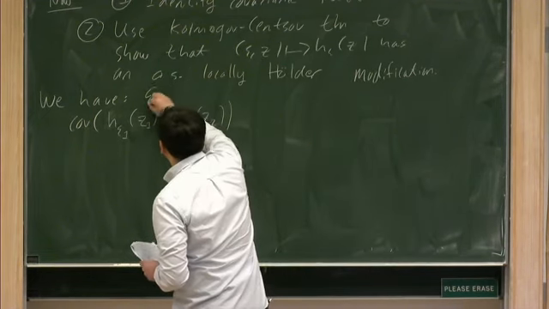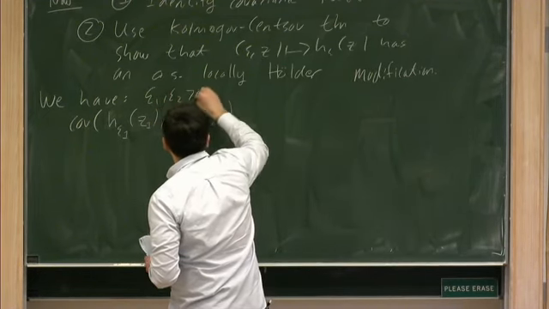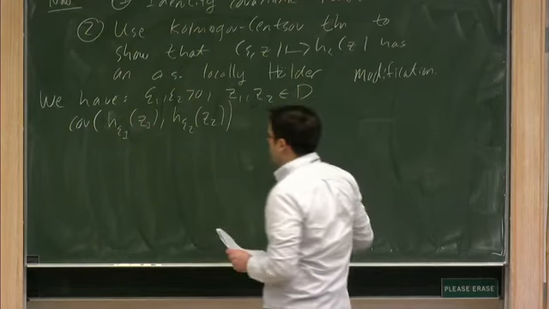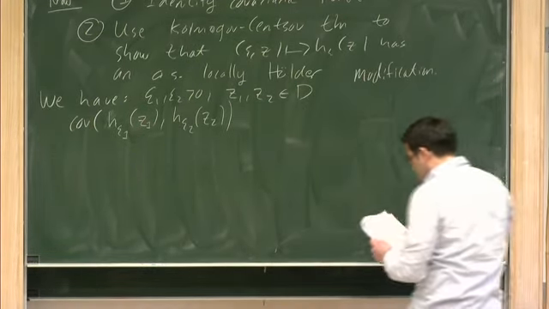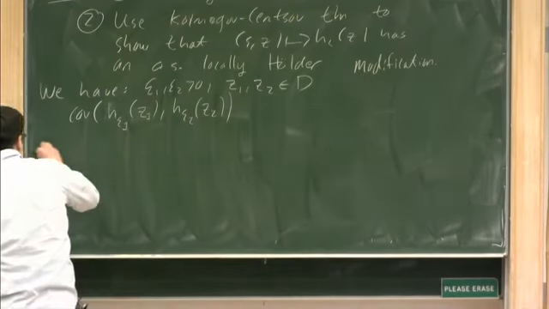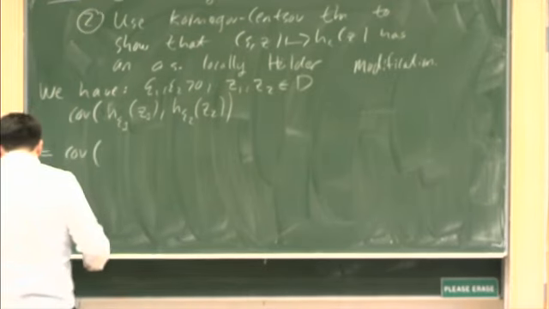So here epsilon 1, epsilon 2 are positive, and z1 and z2 are in our domain. So let's just calculate this covariance. And the first step is just to write down what the definition of these two things are.